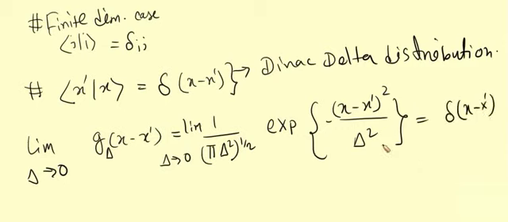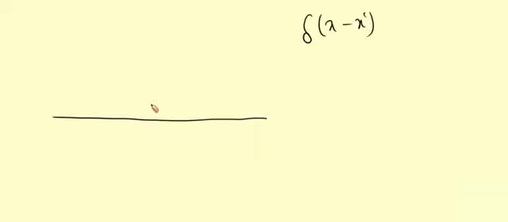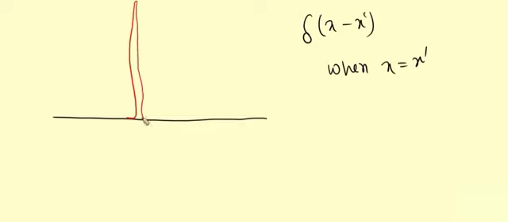So there are many ways to define this delta distribution, and the reason we are interested in this is because graphically delta of x minus x prime will denote that when x equals x prime there is a very sharp spike. Obviously it's not a very actual representation. So this is a very sharp spike at x prime, and in all these regions the value is 0.